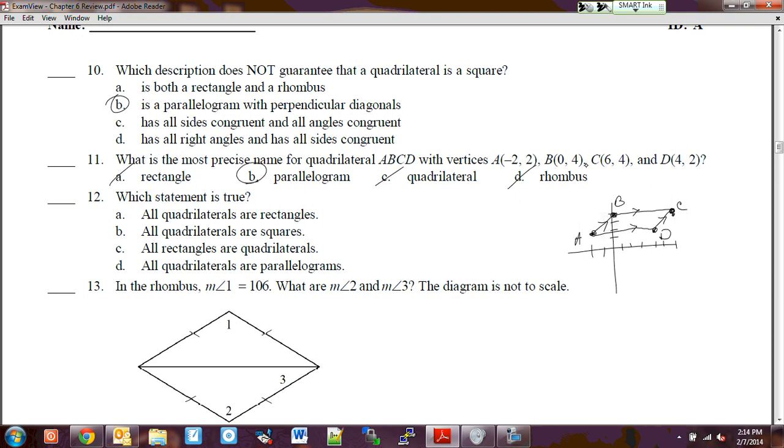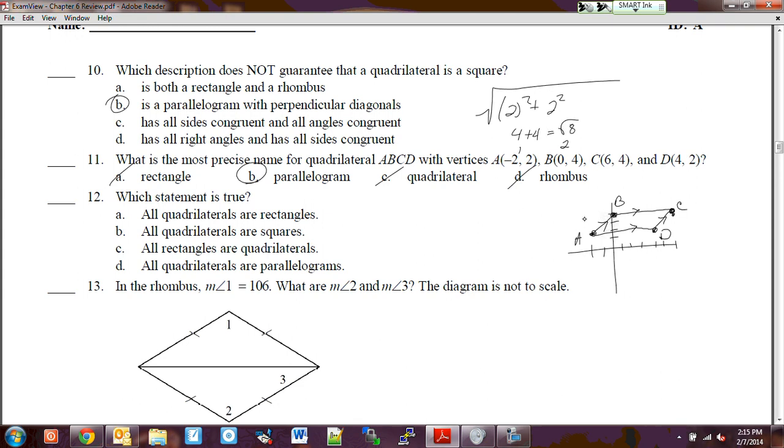Now, to prove that these two aren't the same, you'd have to run all this through the distance formula. So the length of AB, let's make B point 2 and A point 1. So we're going to do x2 minus x1, so 0 minus negative 2, which is 2 squared, plus 4 minus 2, which is 2 squared. So this is going to be 4 plus 4, which is 8.